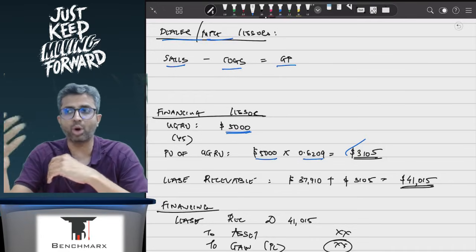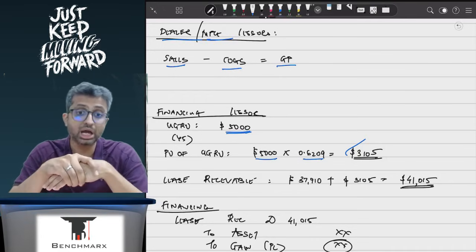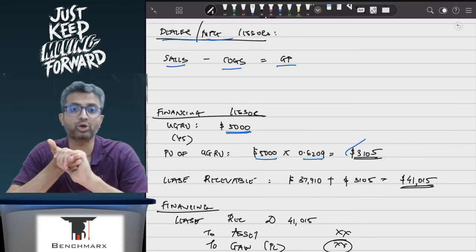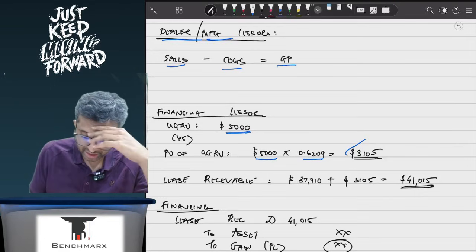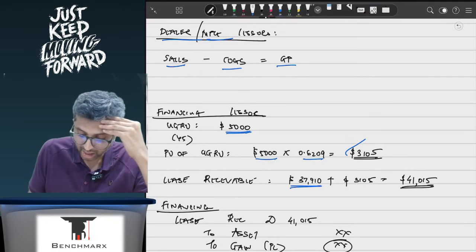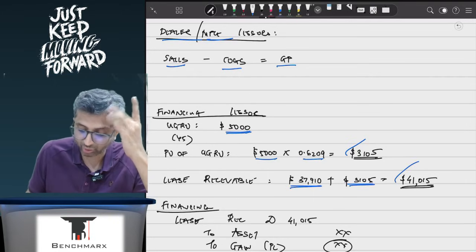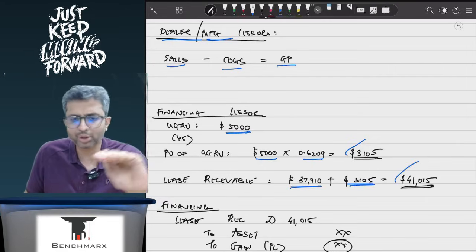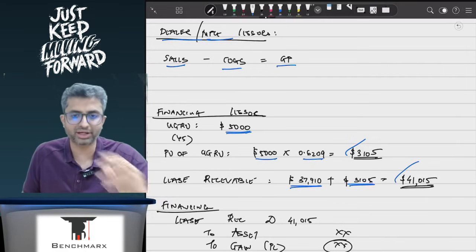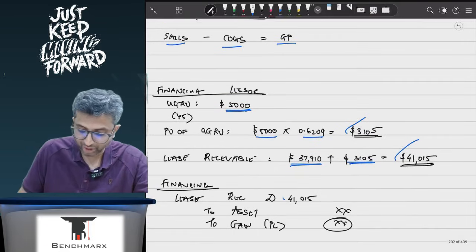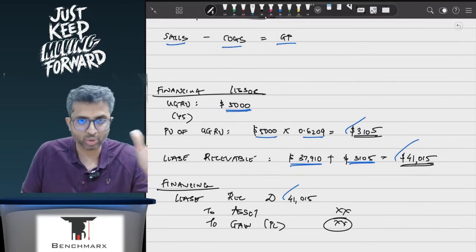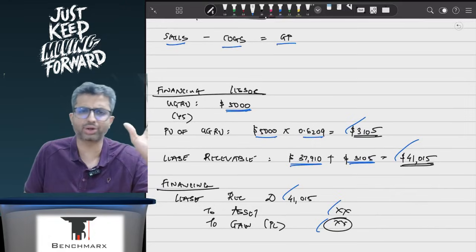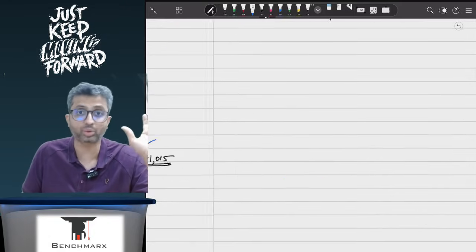Beyond that, he is also expecting to get 5,000 unguaranteed residual value. That will be a part of my lease receivable. So when I look at the lease receivable, this will be 37,910 plus the present value of UGRV. So this is 41,015. If it's a pure lease, not a dealer or manufacturer, I will record lease receivable at 41,015 against the asset, whatever is the carrying value, and then gain or loss as the case may be will go in the profit and loss account.